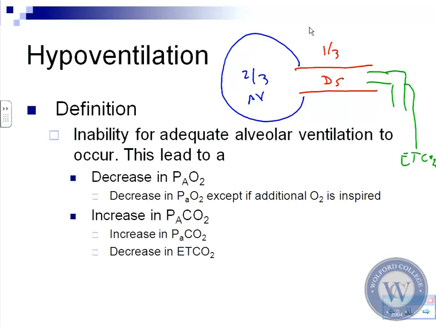Correct? Okay. If I were to ventilate you normally, and basically push air all the way down to the alveoli, the gas that we use to monitor the degree of ventilation or effectiveness of ventilation is really CO2. So carbon dioxide is really the gas that we are using to monitor effectiveness of ventilation.